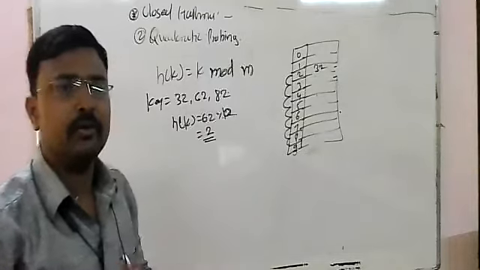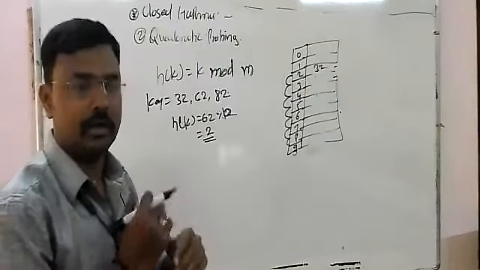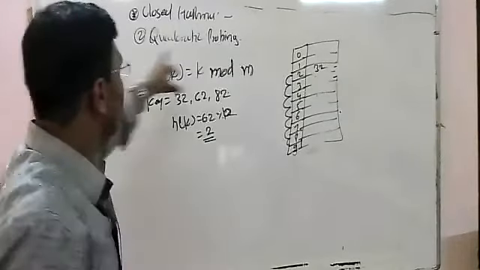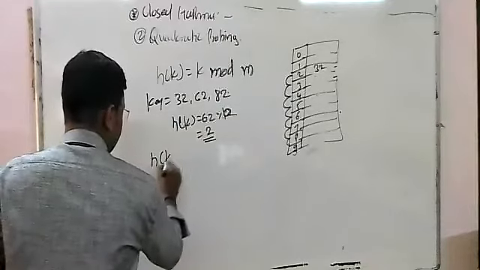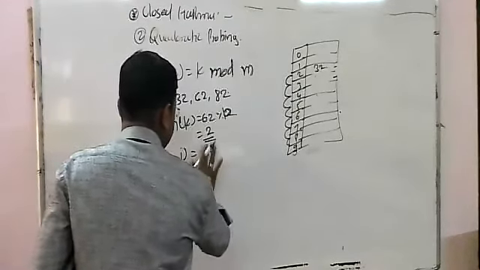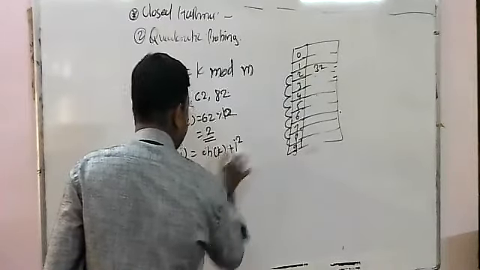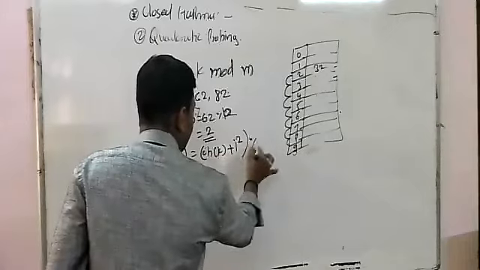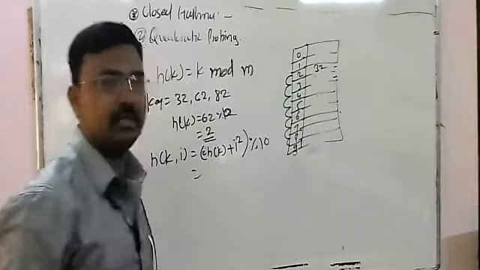Now, what we are going to do, here we are going to change our index by using quadratic probing. And how to do this? See, h of k I is equal to h of k plus I square mod 10.